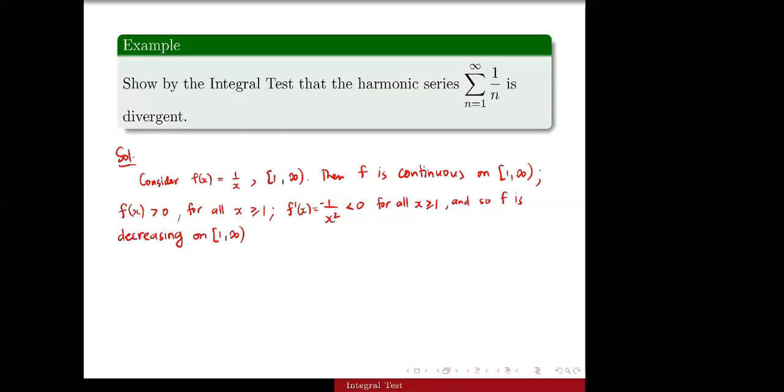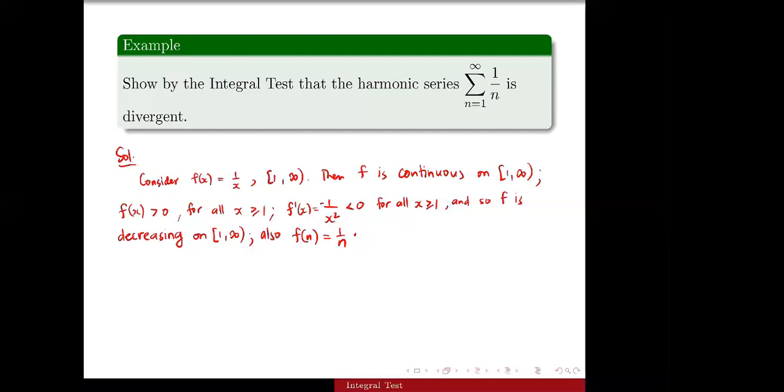So at this part, I used the first derivative test. Remember, if the first derivative is negative on an interval, then the function is decreasing on that interval. Also, f of n is equal to 1 over n.